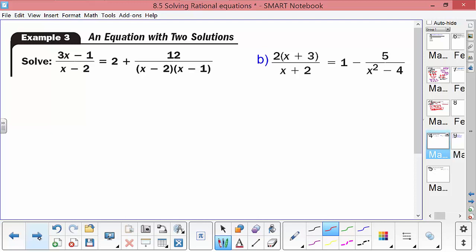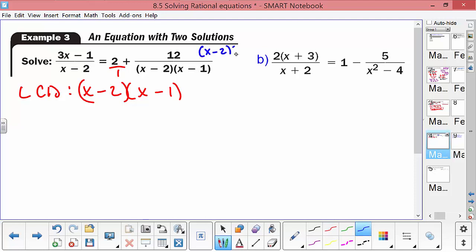Same thing applies. We're going to find our lowest common denominator. We have a denominator of 1 here, so it's going to be x minus 2. It's common in both of the outside terms. And x minus 1, because we can't get rid of the x minus 1, so it has to be part of our common denominator. Multiply each term.